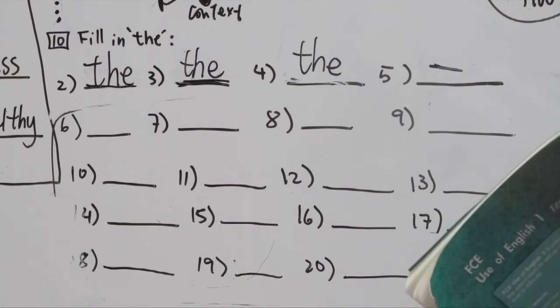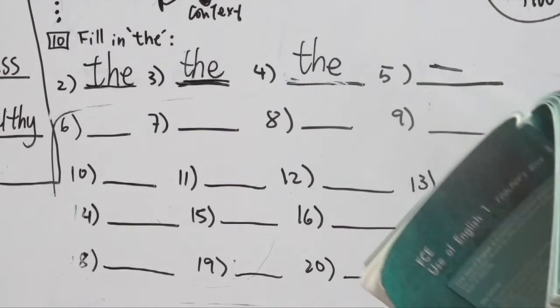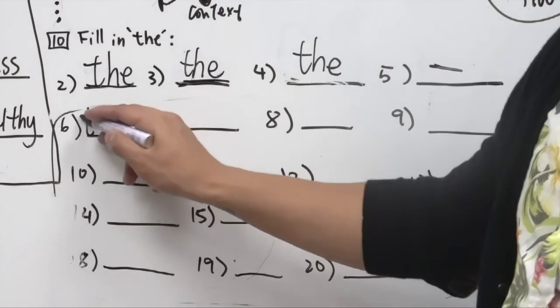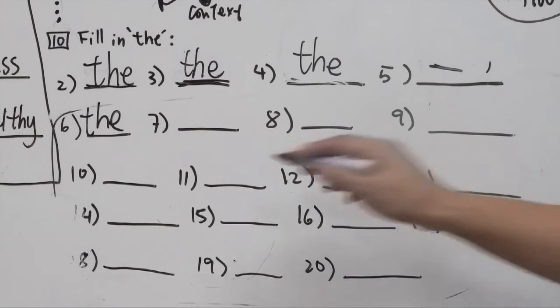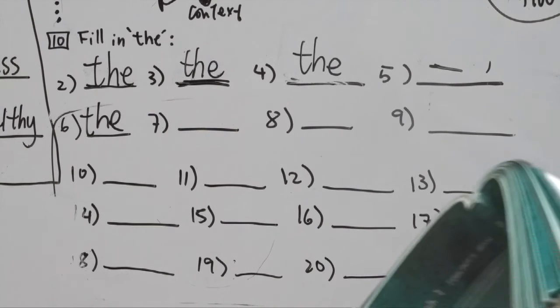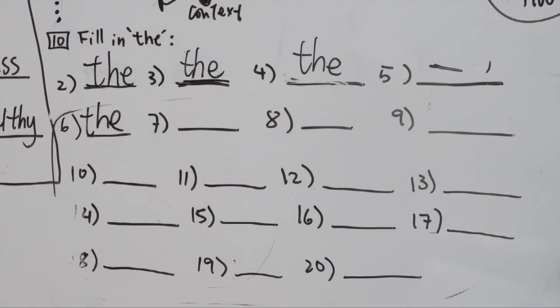All right, let's continue. Number 6. I was on. Okay, when I was on the plane. Very good. So when I was on the plane. So here we have nothing, right? Airplane, and then here we have the plane. Why do we put the? Well, I was in the airplane, or on the airplane. Why?